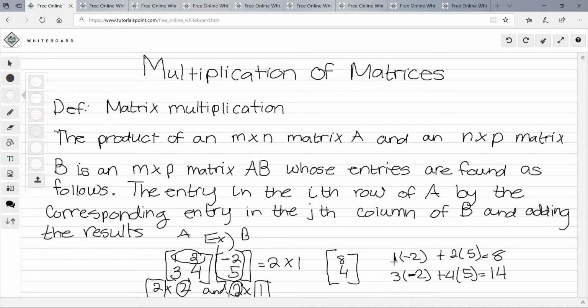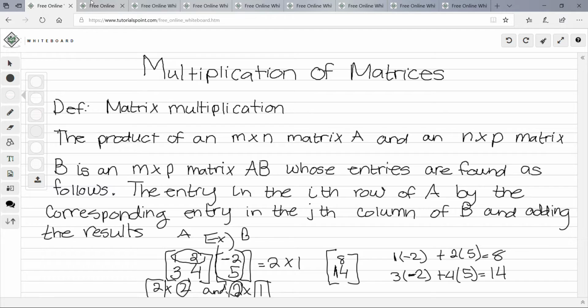So if I multiply 1 times -2, and then I add 2 times 5, I get 8. And I have to do the same with this row. So 3 times -2 plus 4 times 5 is 14. So this should be a 14, sorry. So this is how I got a 14 in a 2 by 1 matrix.